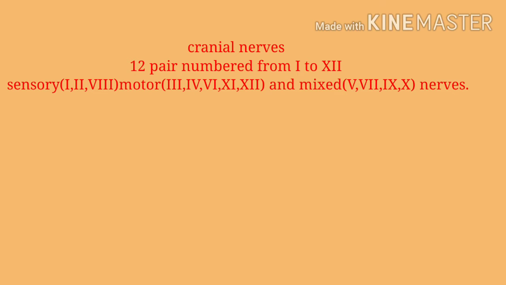In the sensory type, the 1st, 2nd and 8th cranial nerves are seen. In the motor type, the 3rd, 4th, 6th, 11th and 12th are included, and the mixed type includes the 5th, 7th, 9th and 10th.